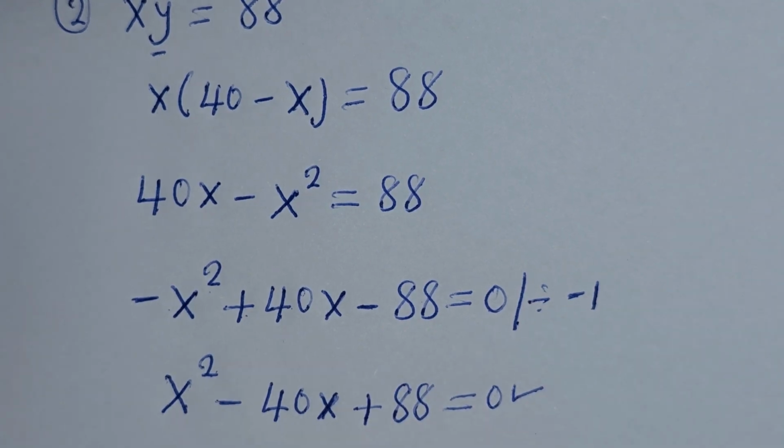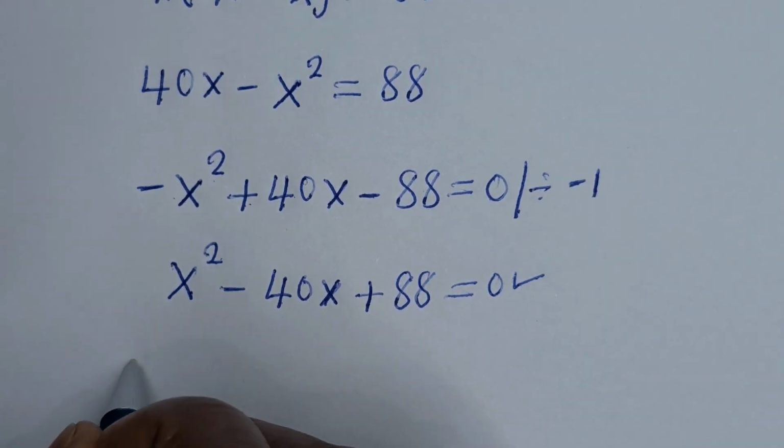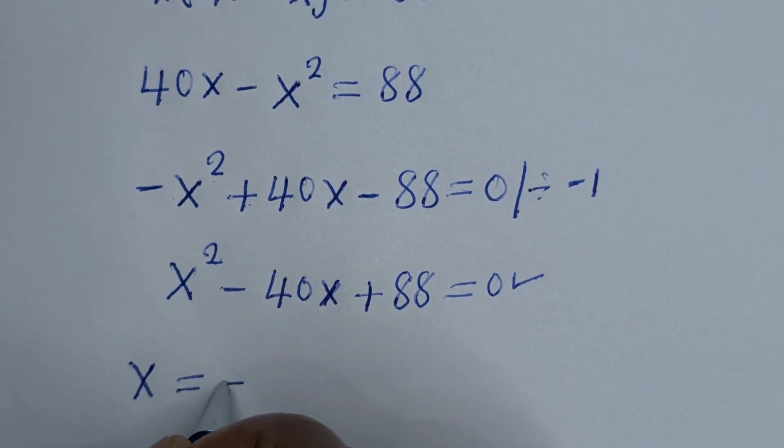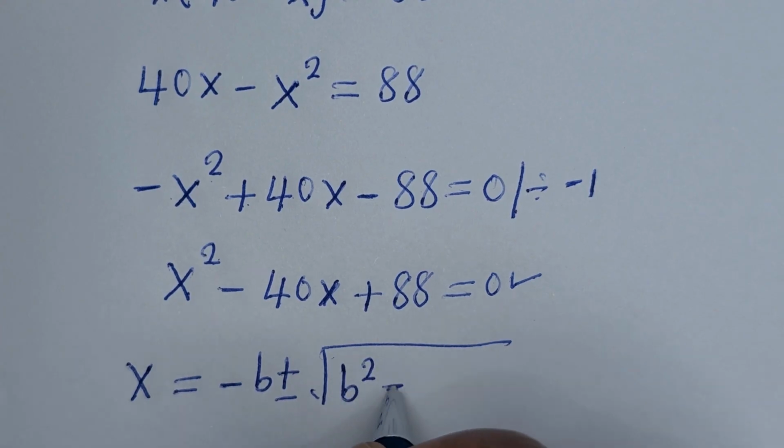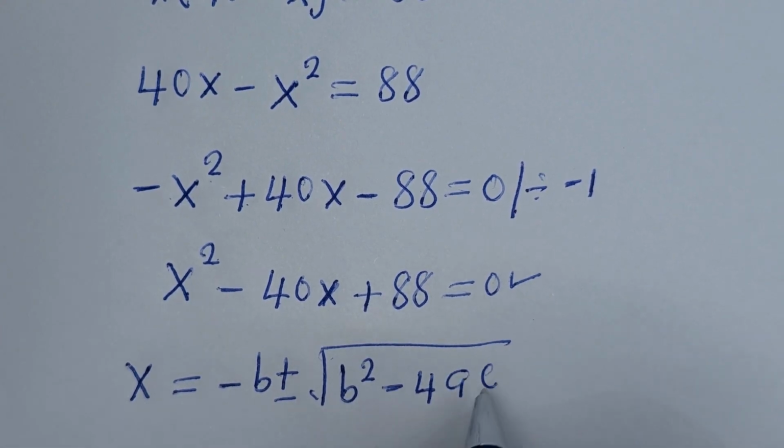Let us solve this using the quadratic general formula. From the quadratic general formula, x is equal to negative b plus or minus square root of b square minus 4ac, over 2a.